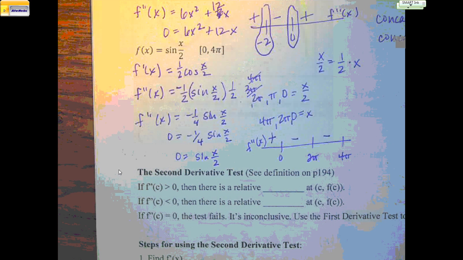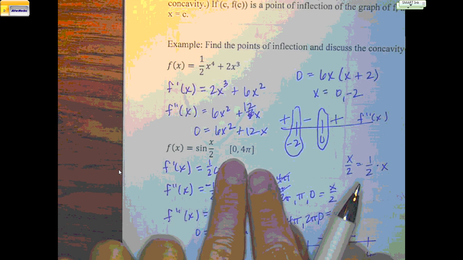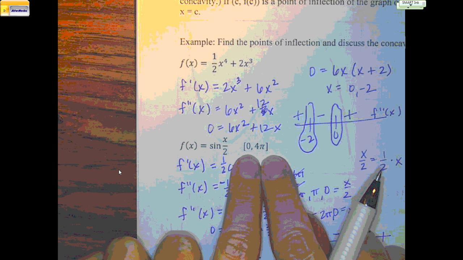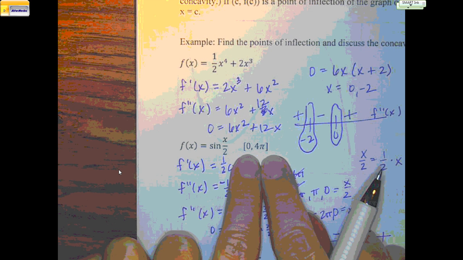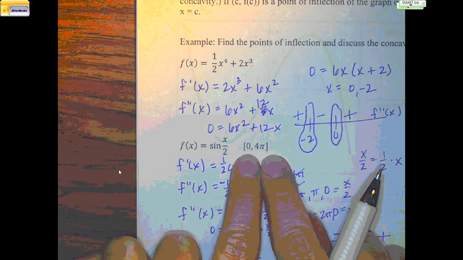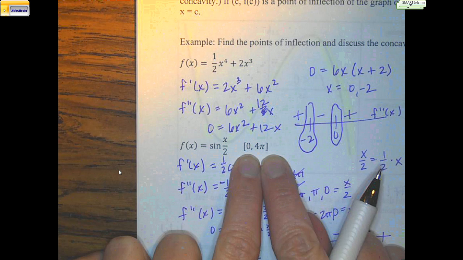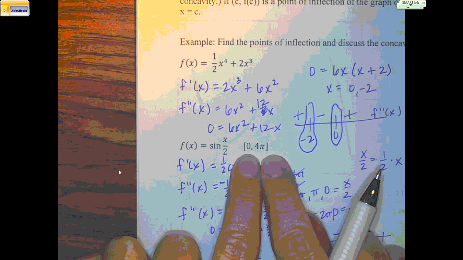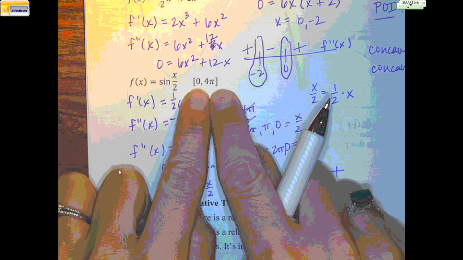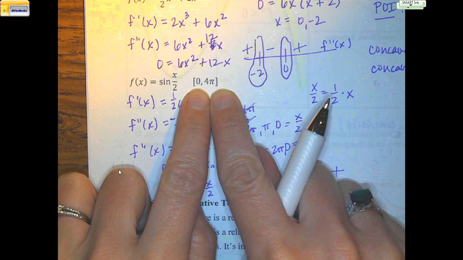But do you see how 0 and 4 pi have brackets? They're including 0 and 4 pi, so you're going to have to be able to tell if that's a point of inflection or not. How would plugging it in tell you? Right, because there's brackets on those, they're including 0 and 4 pi in the interval.